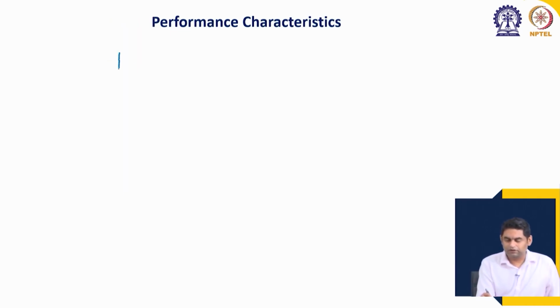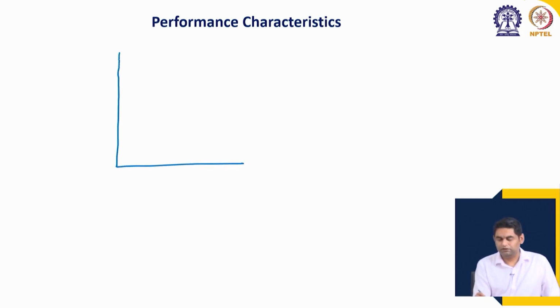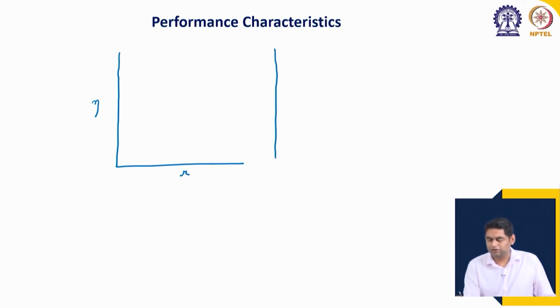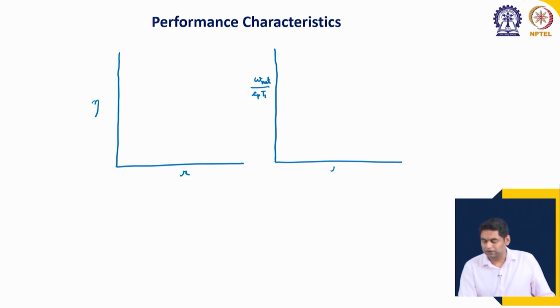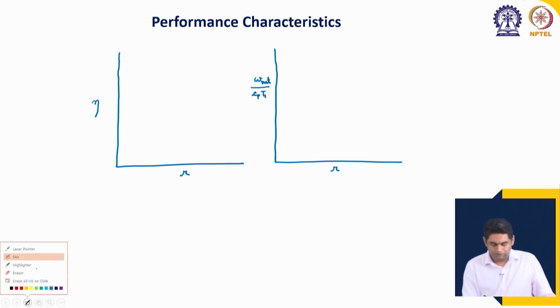So, let us say that this is efficiency versus R, and this is net specific work output in non-dimensional form versus R. We have the standard values at R equal to 1, we have the theoretically minimum value.